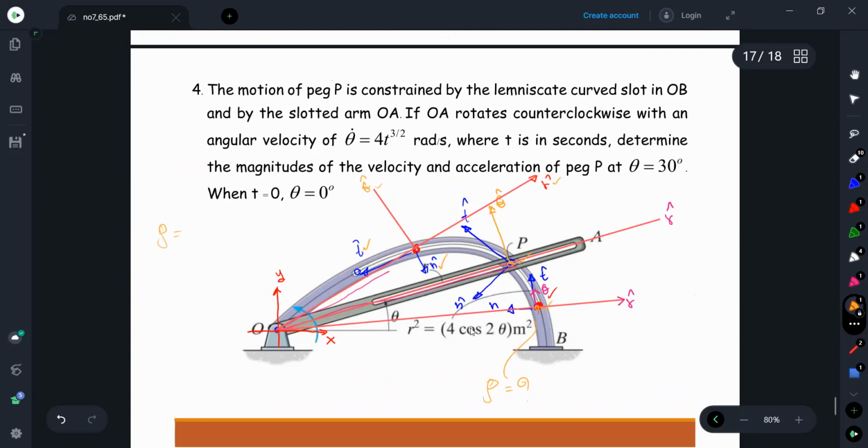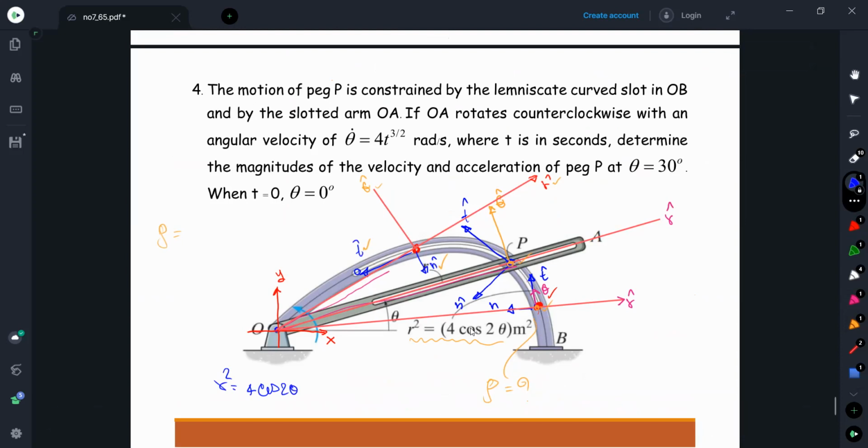And also for the case of acceleration in x and y, we have to change this term. Okay, we have this relationship that r squared equals 4 cosine 2 theta, right?